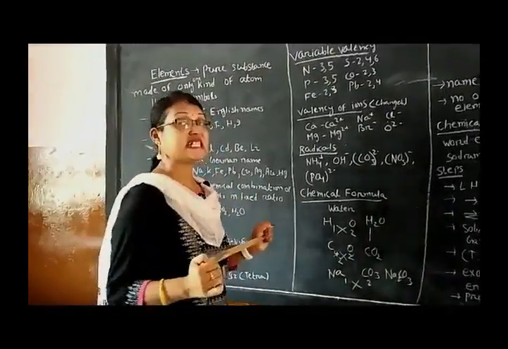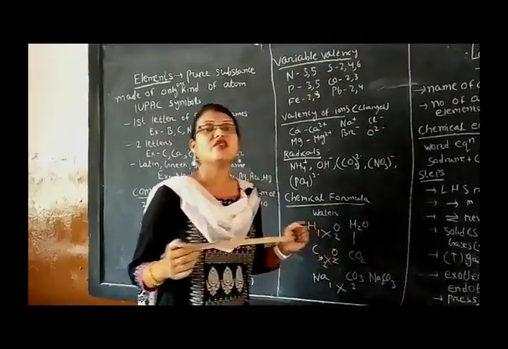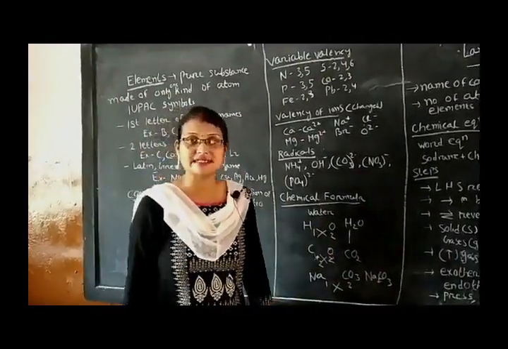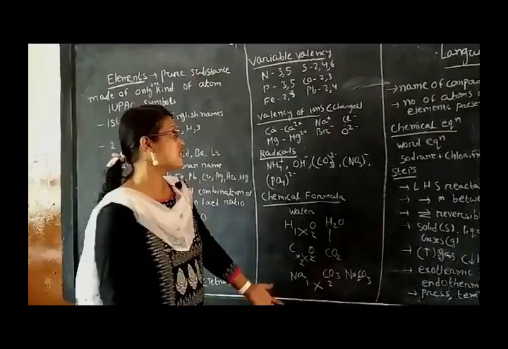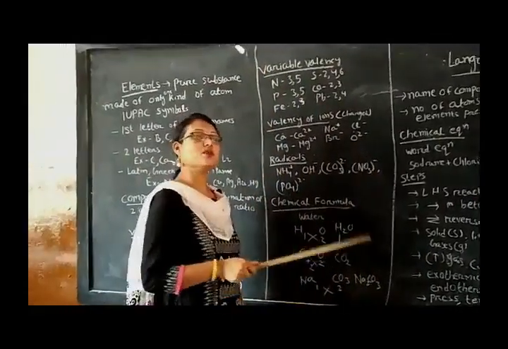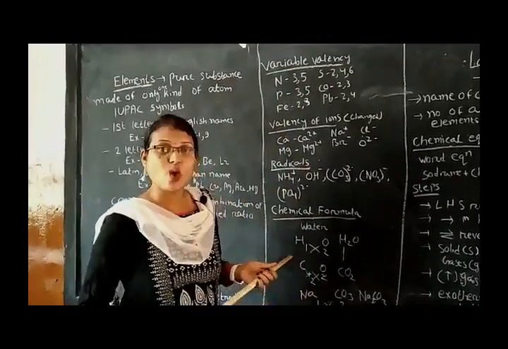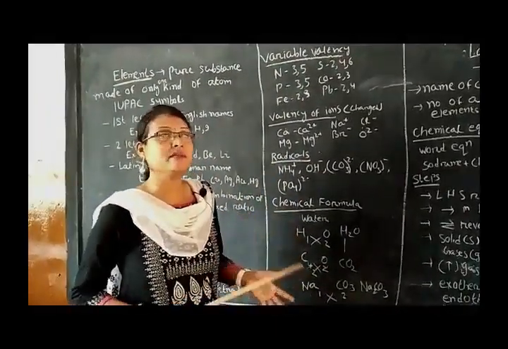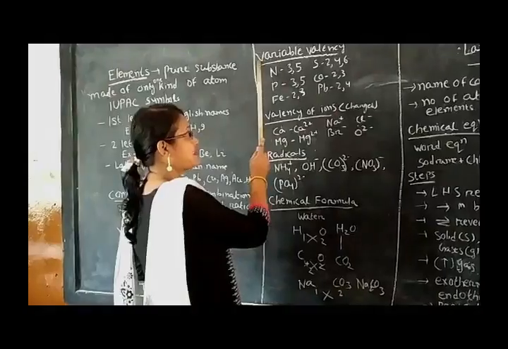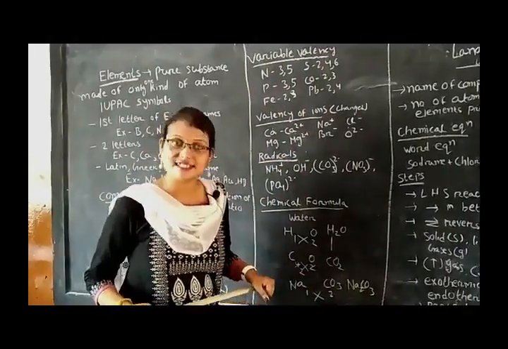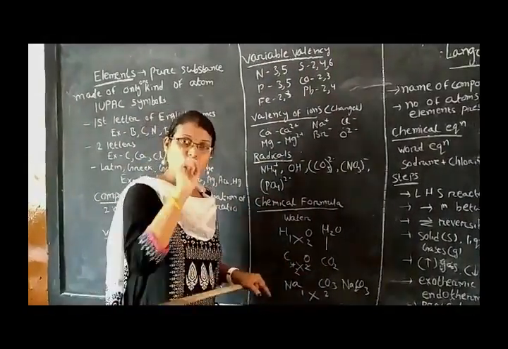But still there are some elements which possess more than one valency. For example, nitrogen possesses valency 3 and also valency 5. Those elements are called elements with variable valency. They don't possess only one valency.